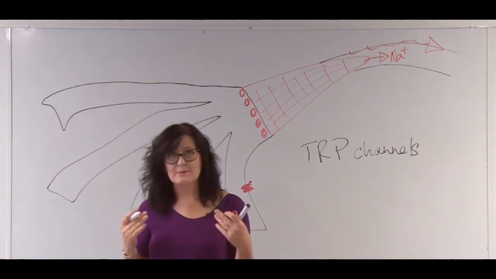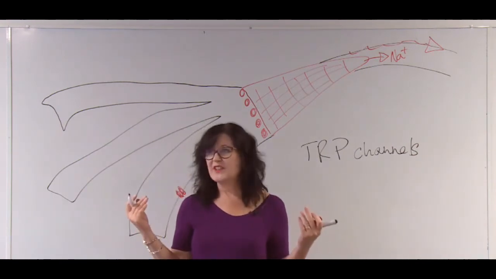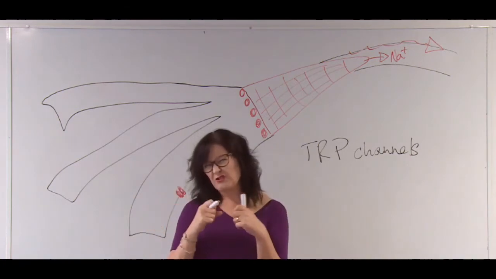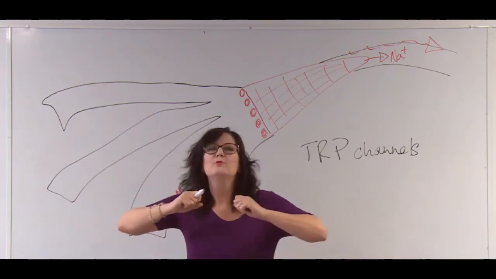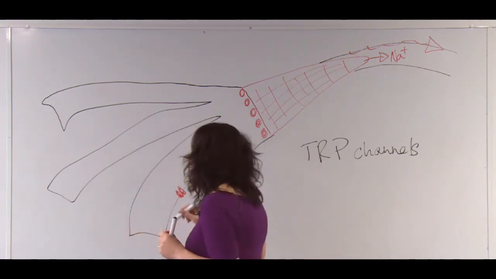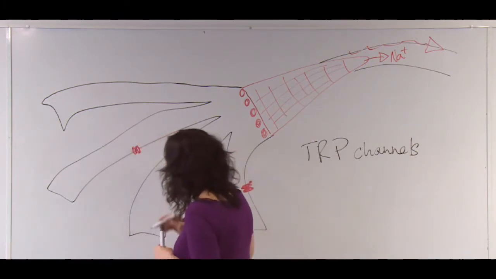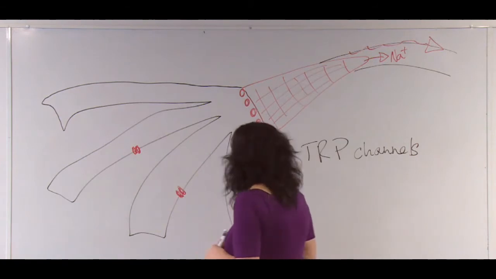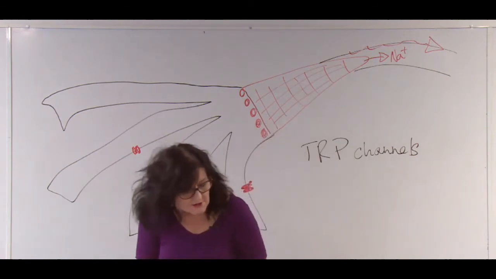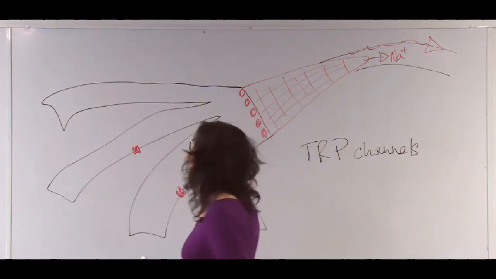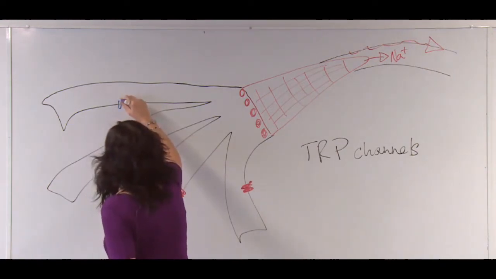Basically, really simple structure, and if you sit on it or you stretch it, you open the channel. So we can have some mechanosensitive that we can just pull apart. And they can be sodium channels, or they could be calcium channels.